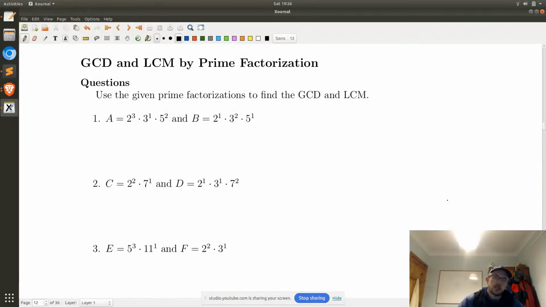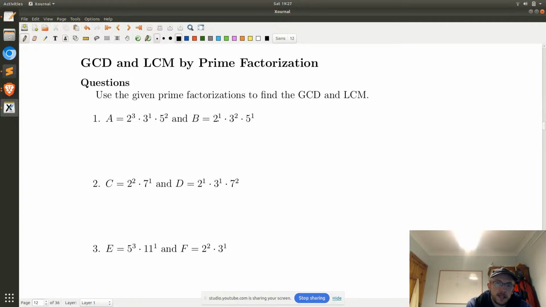Use the prime factorizations to find the greatest common divisor and lowest common multiple of the pair of numbers. So you don't have to actually find out what these numbers are in particular.